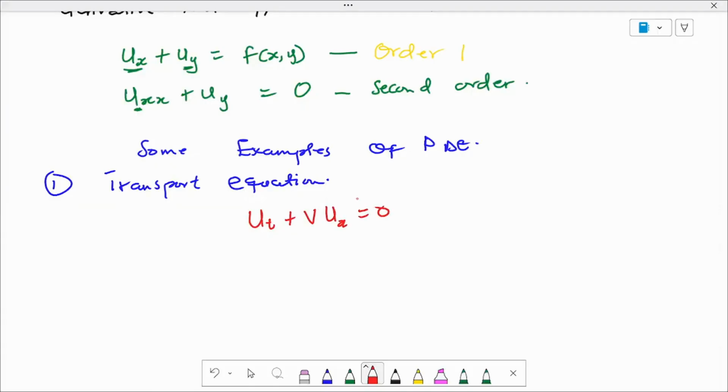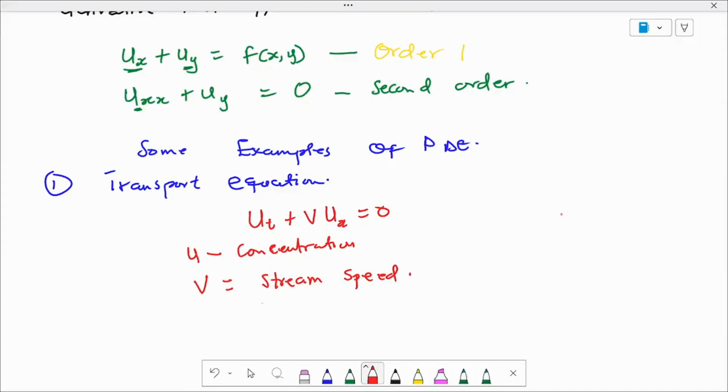This one describes the transport of a solid pollutant moving along a channel, maybe in a sea or a river. Here u is the concentration, and v is the stream speed. So if we are transporting the pollutant in a stream, we can calculate it using this equation.